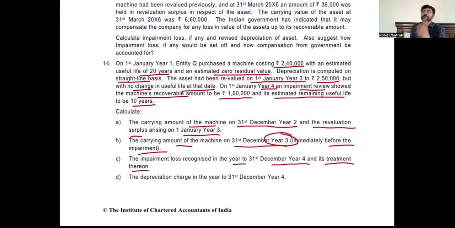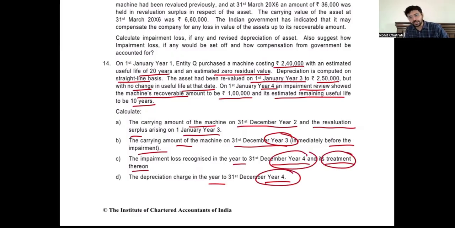Treatment basically means, is it going to be charged to P&L or against revaluation surplus? And the final one is the depreciation charge in year 4.